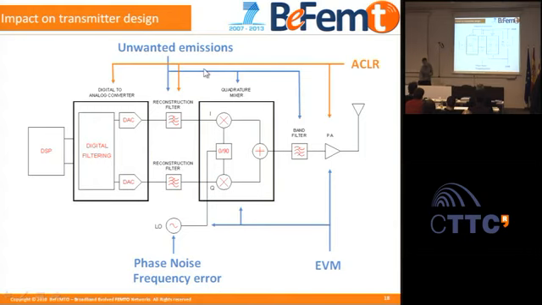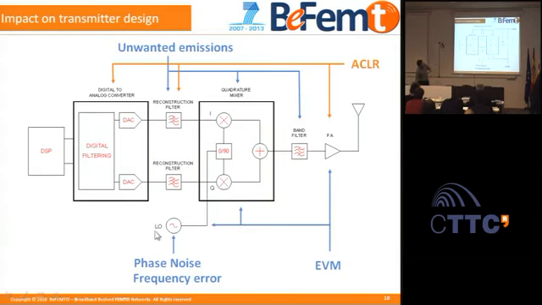With this arrow, I want to point out which part of the transmitter is responsible for, or has a contribution to, the different requirements of LTE-Advanced. For example, these three parts have a contribution to ACLR, adjacent channel leakage ratio.